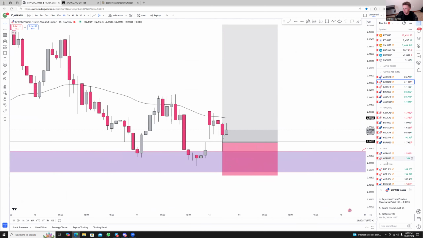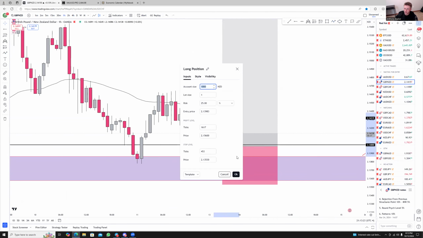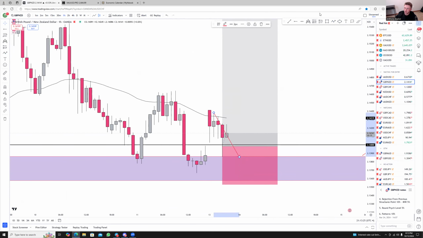So I am waiting. As you can see, it's creating that retest again to fill this gap right here. So that's what it's doing currently, is it opened up here, created this big wick, and now it's closing in on our area of interest to close this gap to give us an entry.